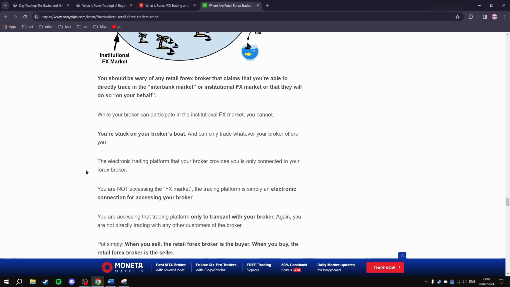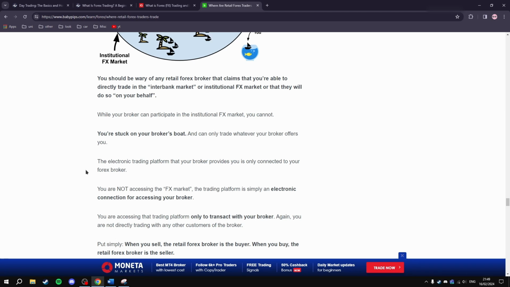You should be wary of any retail forex broker that claims that you're able to directly trade in the interbank market or institutional FX market, or that they will do so on your behalf. Whilst your broker can participate in the institutional FX market, you cannot. You're stuck on your broker's boat and can only trade whatever your broker offers you.